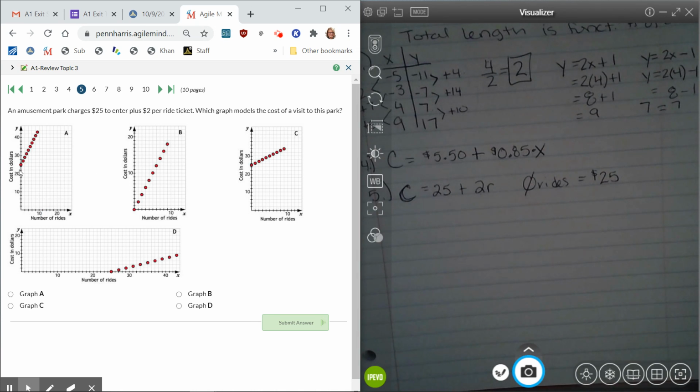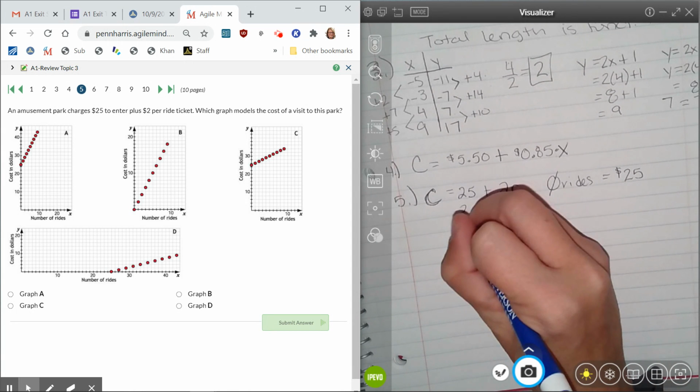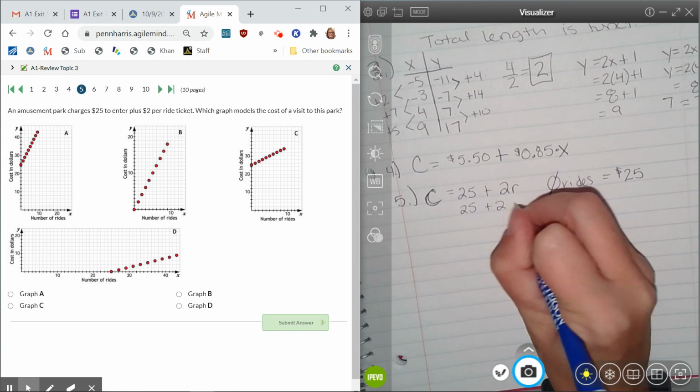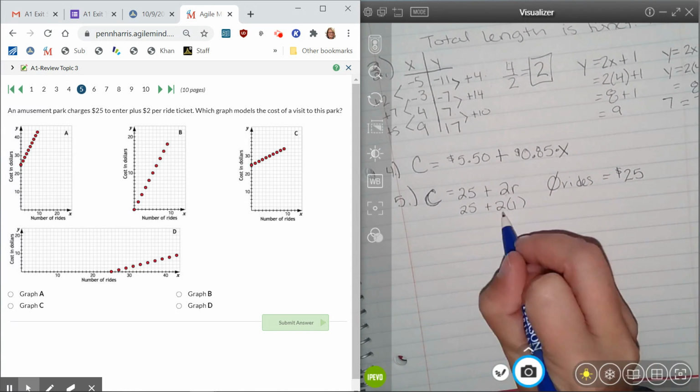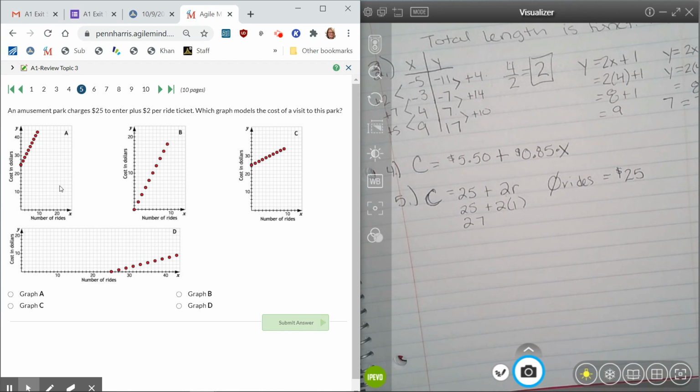So I know that if it's 25 to get in, and I go on one ride, 25 to get in plus one ride, 2 times 1, it's going to cost me $27. So I look at my graph and I see about one ride, 27. That looks like it's about at 27.